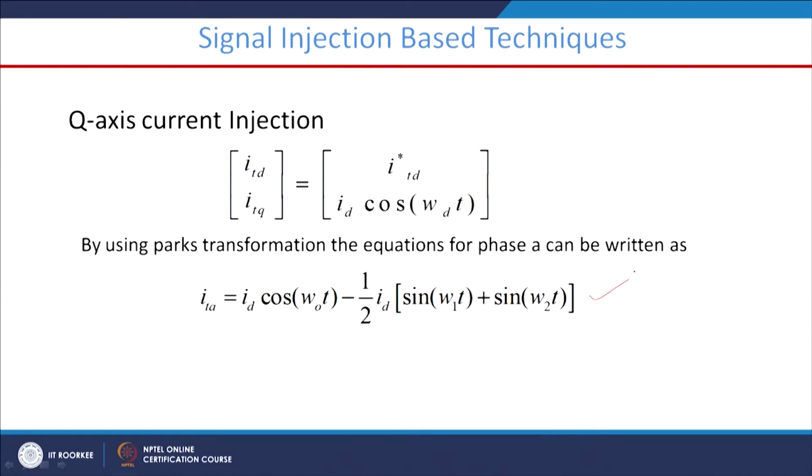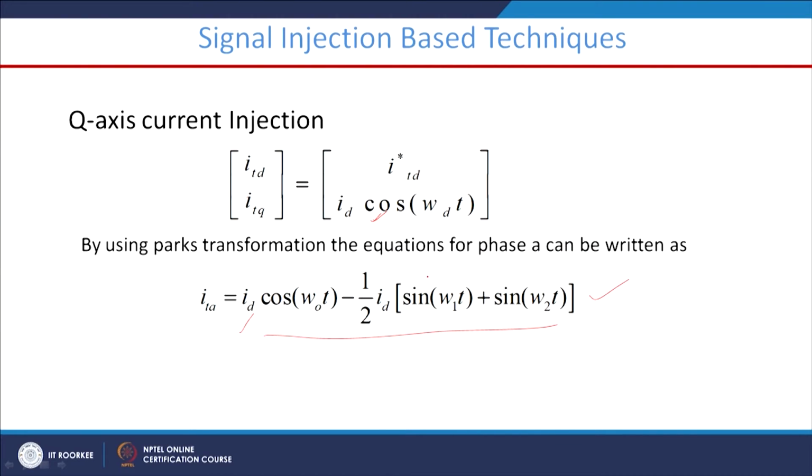If you see this Q axis variation, this is the Q axis current, they have injected this ID, the ID current, and the corresponding phase A current we have discussed previously for this ID injection current. Similarly, here the difference is minus in place of plus, and you will get a sine component, and this comes due to the transformation matrix between the DQ frame and the ABC frame, that is all.